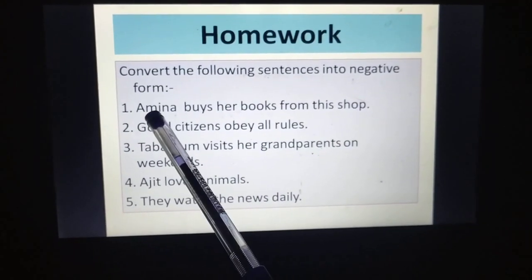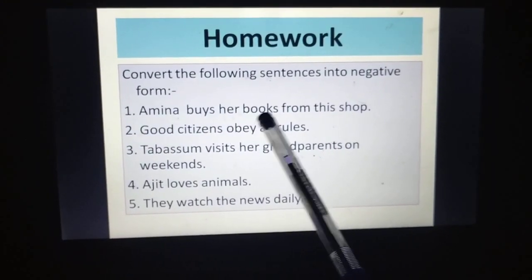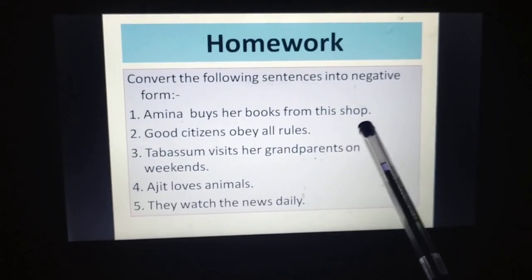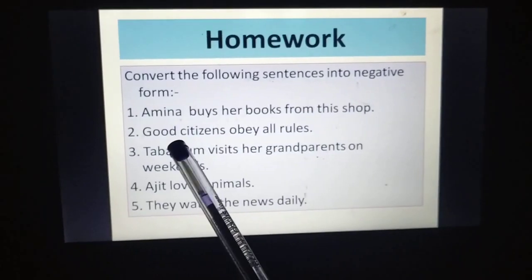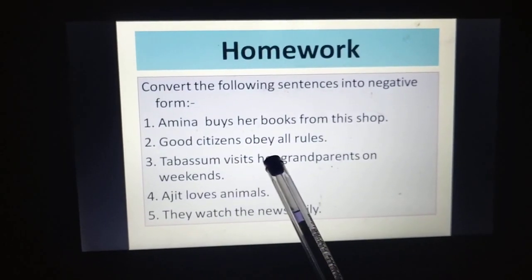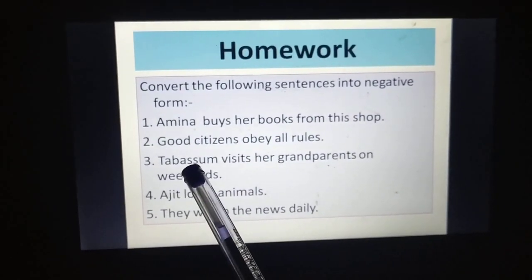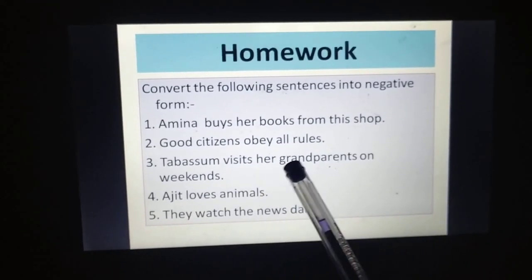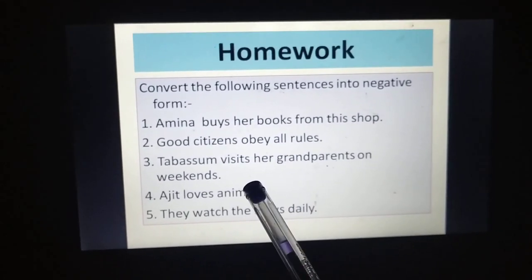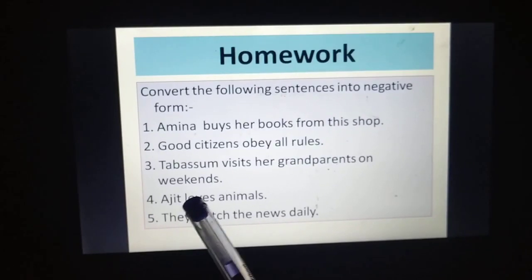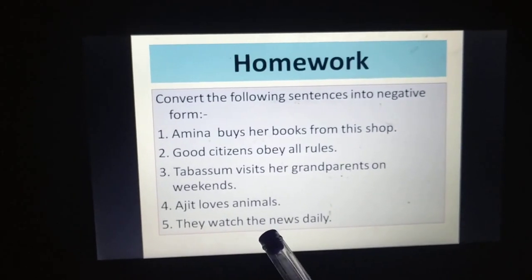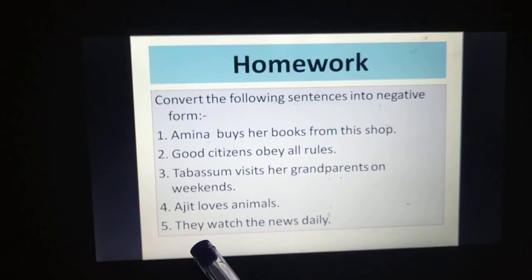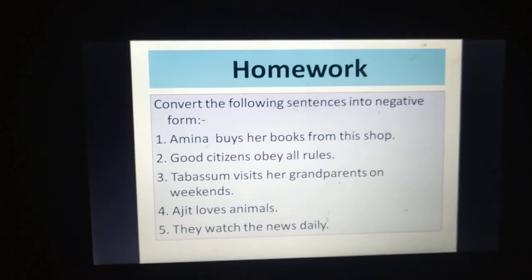First, Amina buys her books from this shop. Second, good citizens obey all rules. Tabassum visits her grandparents on weekends. Ajit loves animals. Fifth, they watch the news daily.